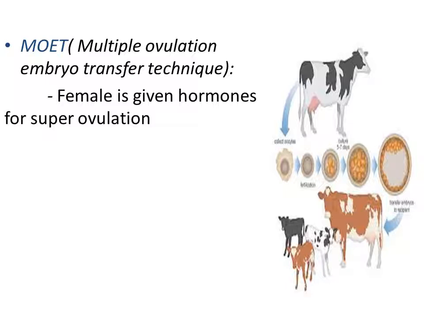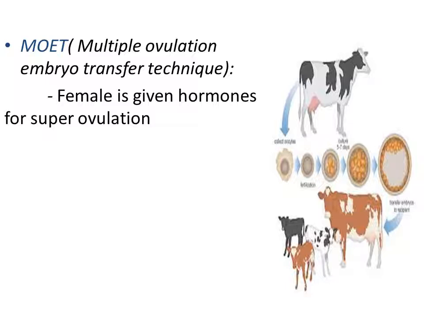So what happens after the fertilization? The fertilized egg starts its development and reaches the 8 to 32 cell stage. At that stage, we call it an embryo. So in the female cattle, nearly 6 to 8 embryos will be there.